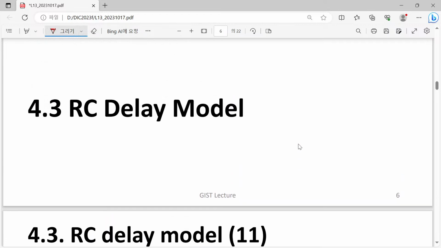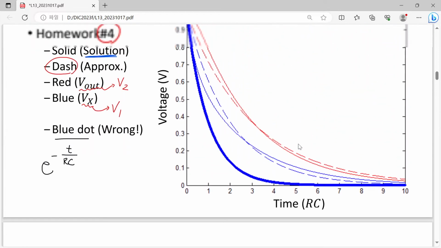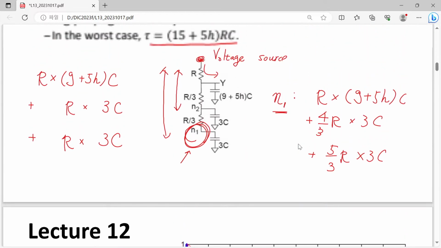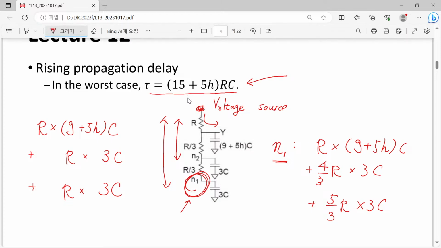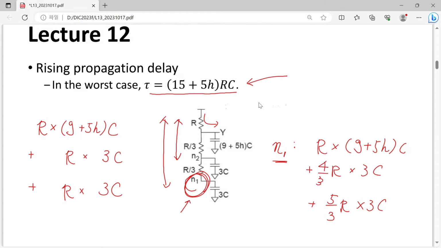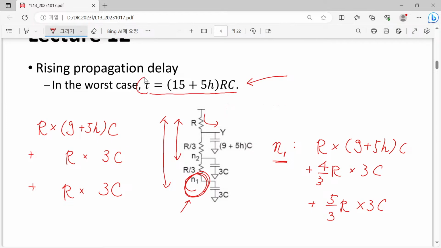Anyway, now let's come back to our previous lecture content here. So the propagation delay can be expressed by this kind of thing, and maybe you remember, instead of the real time itself, we prefer the normalized one.